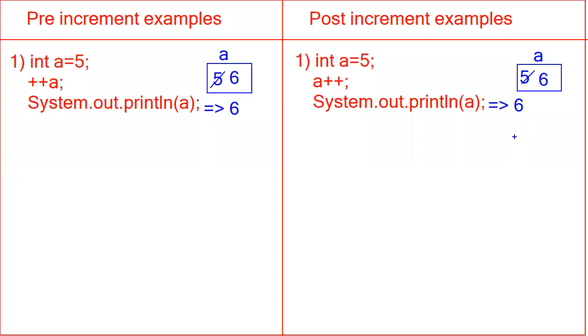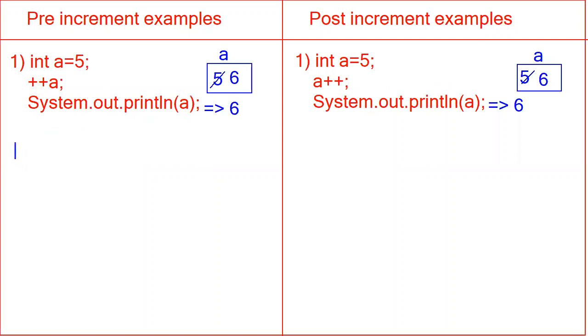Here, in this line only incrementation is there, in that line only incrementation is there. In this situation it can be pre-increment or post-increment, both are the same, no change. It is incremented by 1 here, and incremented by 1 there, there is no difference.